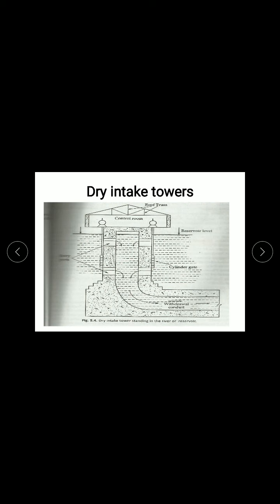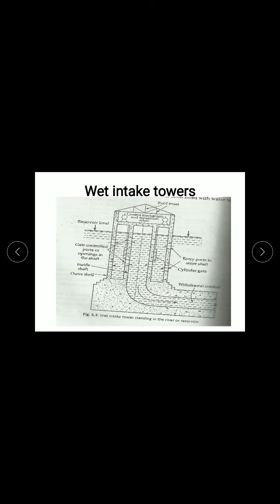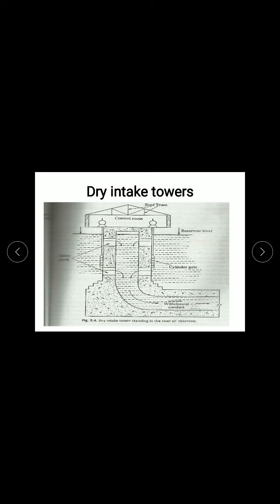The dry intake tower and the wet intake tower have a small difference. In the wet intake tower, you can see you have one tower for the collection of the water. If you open the gate, then the water enters into the withdrawal conduit. Whereas in the dry intake tower, no tower is present to collect the water.